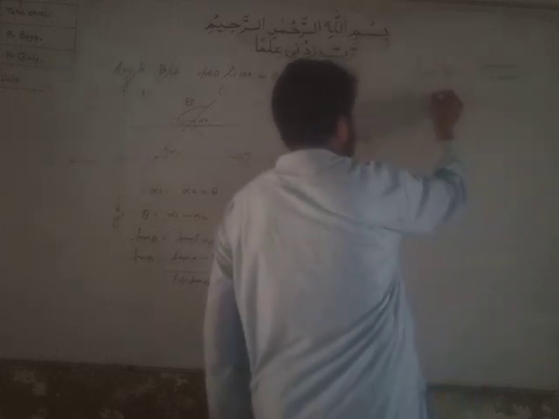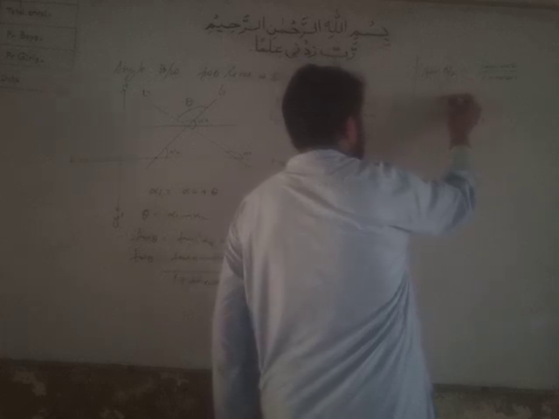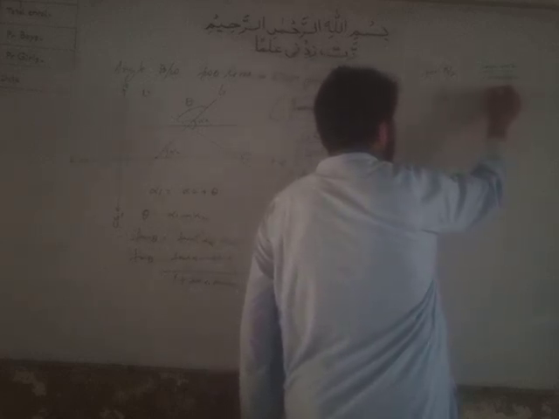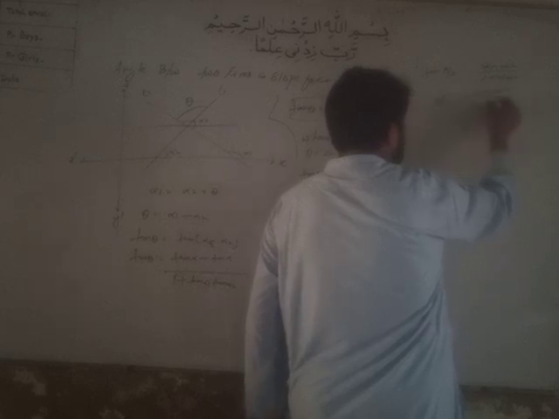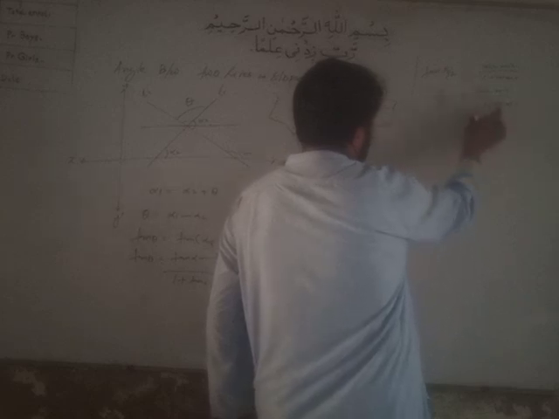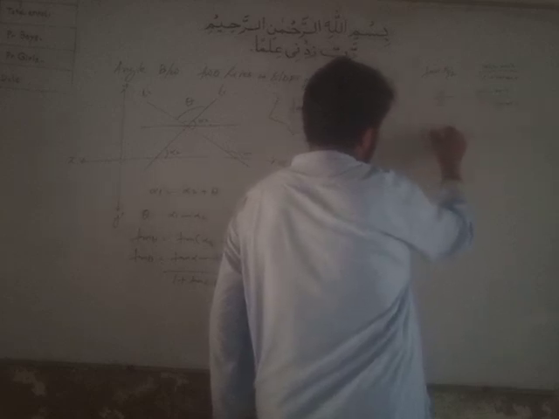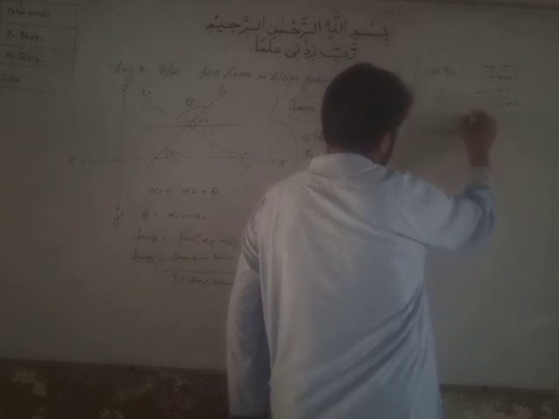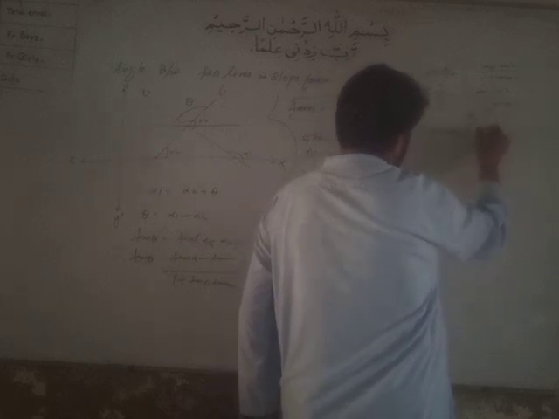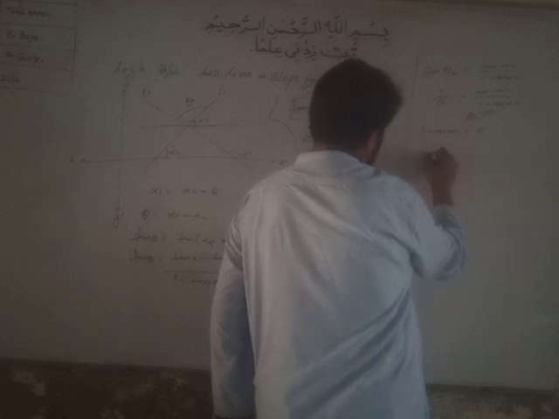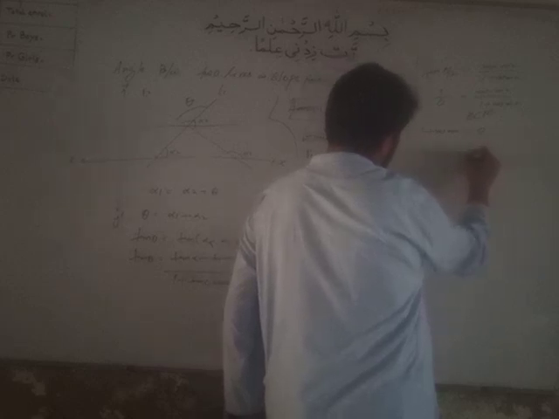So this must be 1 over 0 is equal to m1 minus m2 upon 1 plus m1 m2. By cross multiplication, 1 plus m1 m2 is equal to 0, so m1 into m2 is equal to minus 1. So when the lines are perpendicular, the product of the slopes is equal to minus 1.